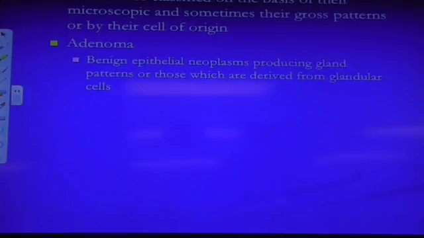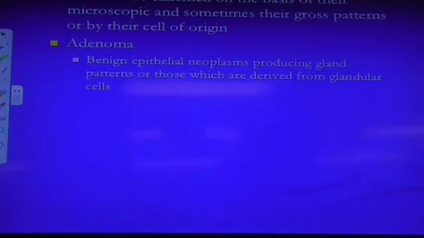Yep, so benign versus malignant is mostly determined based on the microscopic characteristics of the cell. And as far as functional differentiation, where they're secreting hormones, that's more likely to occur in a benign tumor because malignant tumors are usually poorly differentiated or anaplastic.